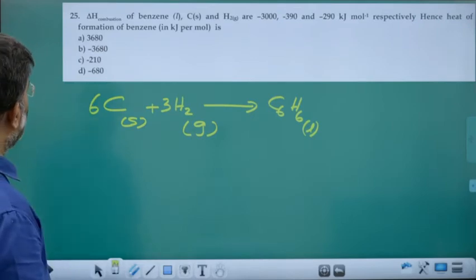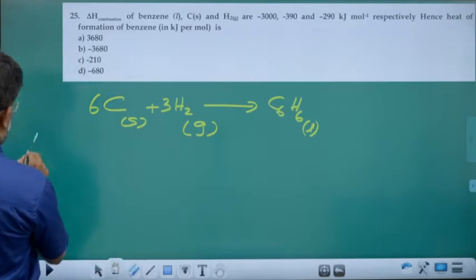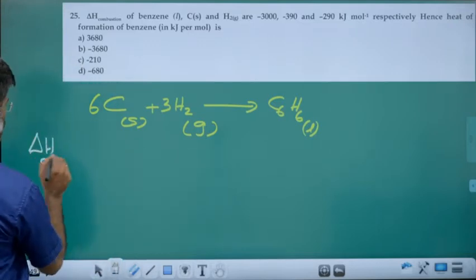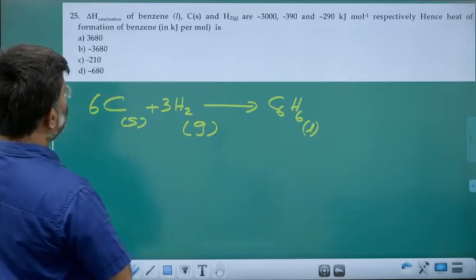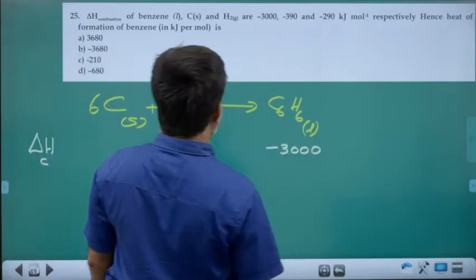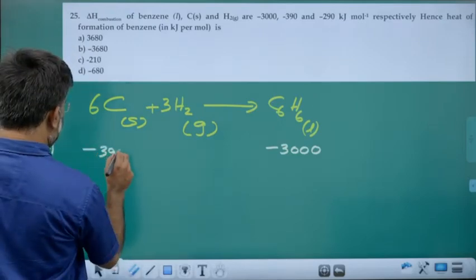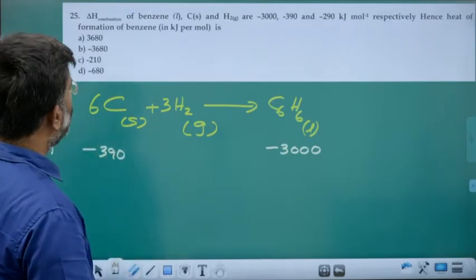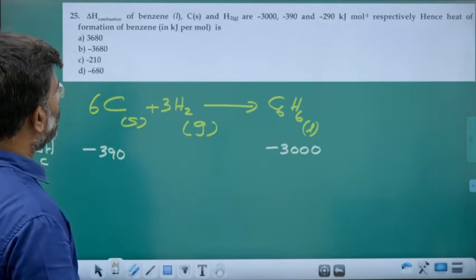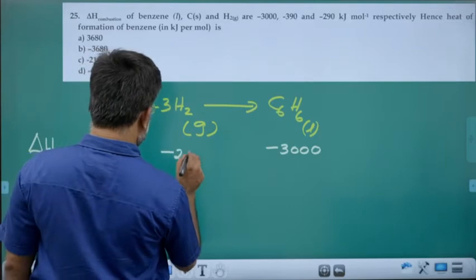What data is given? Enthalpy of combustion data is given. Delta H combustion: benzene minus 3000, carbon minus 390, hydrogen minus 290.